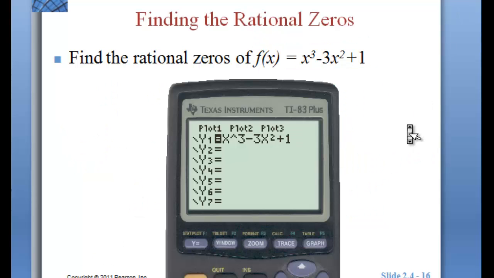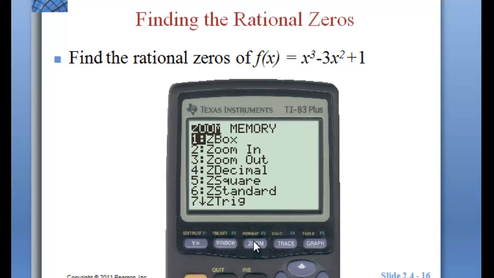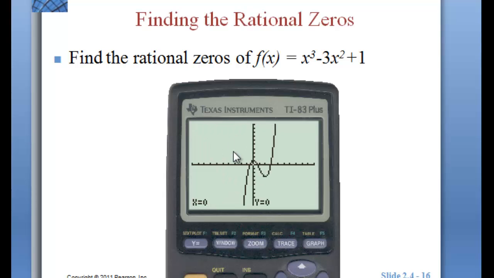If we put this equation into our calculator and graph it, we can see that it has 3 intercepts. And if I zoom in, here's another trick on zooming. A Z box lets you make a box to zoom in on.